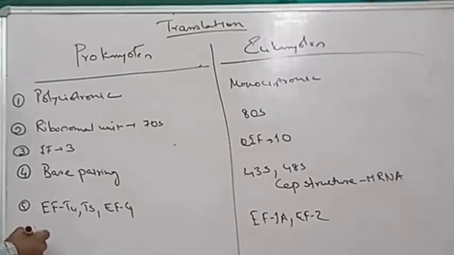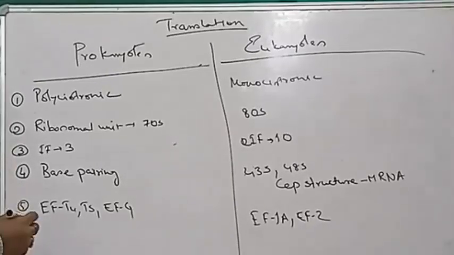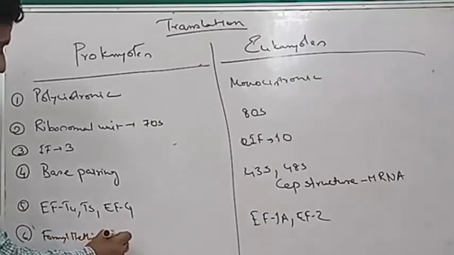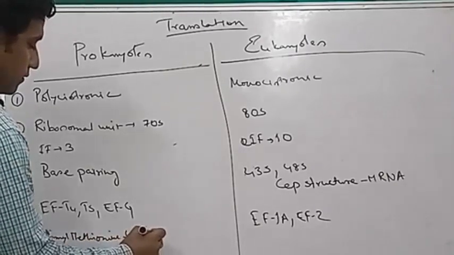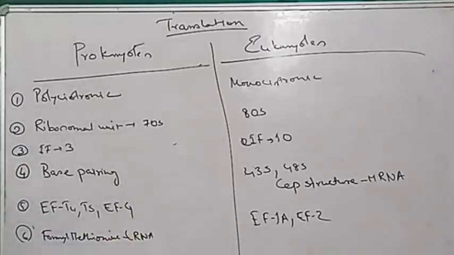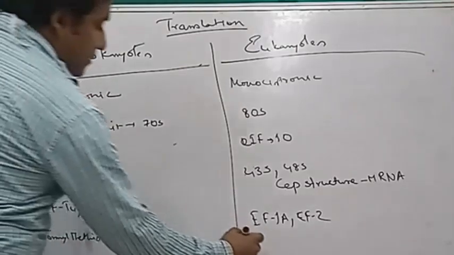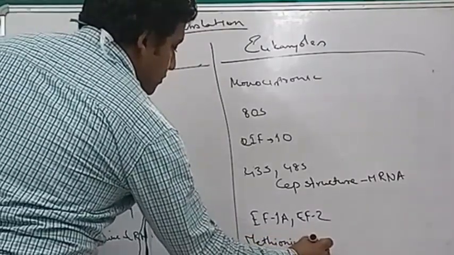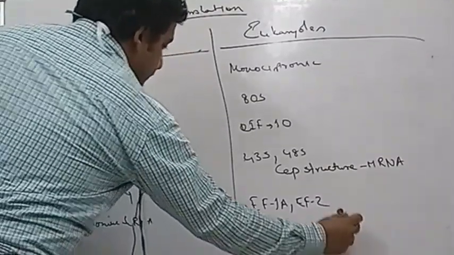Another thing I forgot is the initiator tRNA, amino acid tRNA. Here it is formyl methionine tRNA. The methionine is formylated. Here it is simply the methionine tRNA.